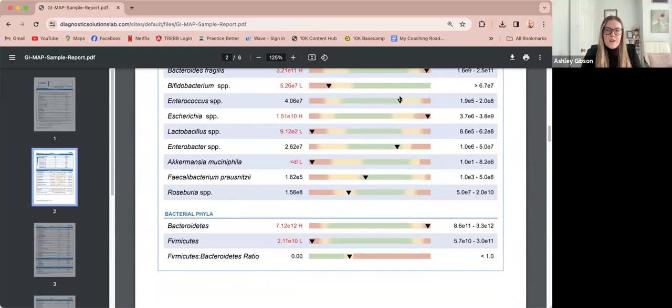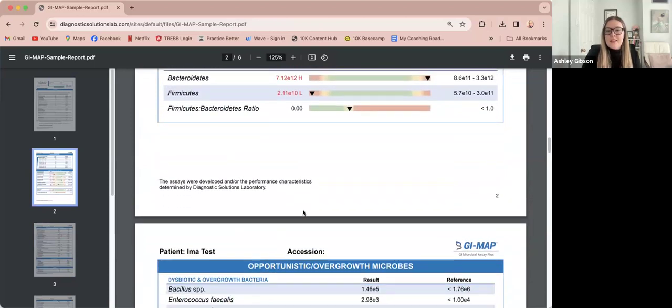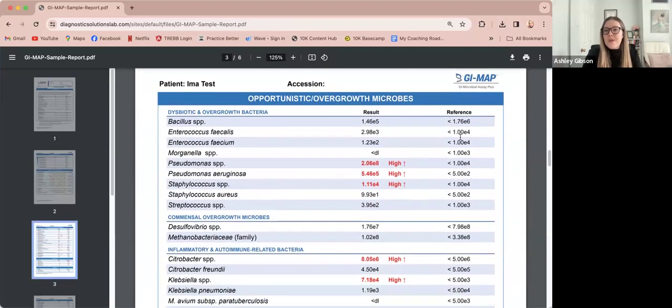Remember what I said here, if too much is problematic, too little is also problematic. The same goes for these species. We can have a little bit, that is not necessarily an issue. The problem is when it becomes so incredibly elevated, as you can see here, that is a cause for concern. We're going to see digestive symptoms arise.